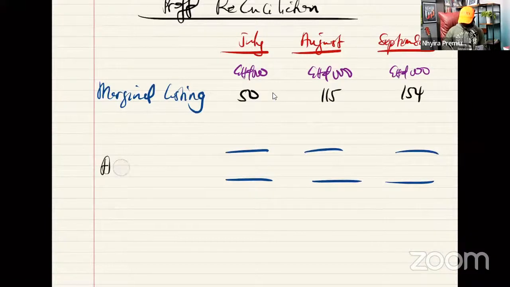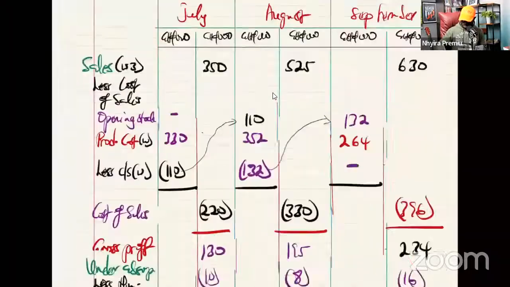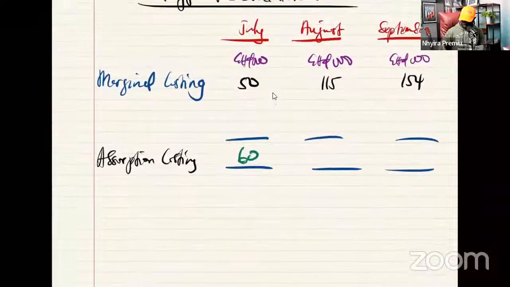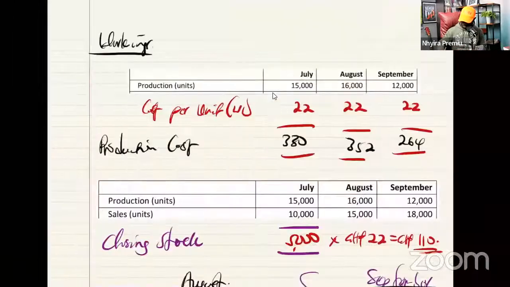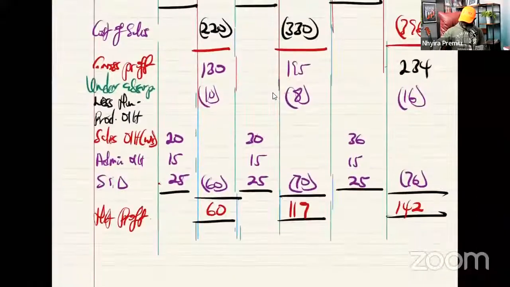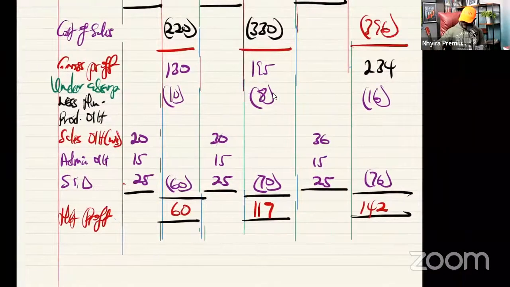So absorption costing: 60, 117, and then 142.